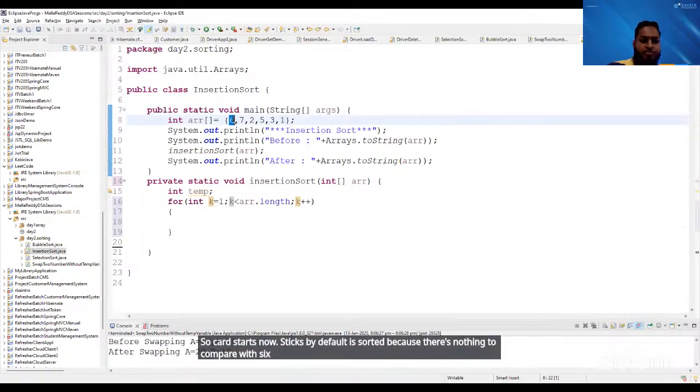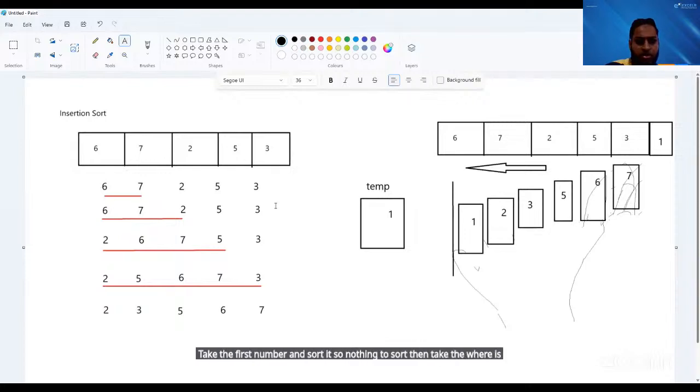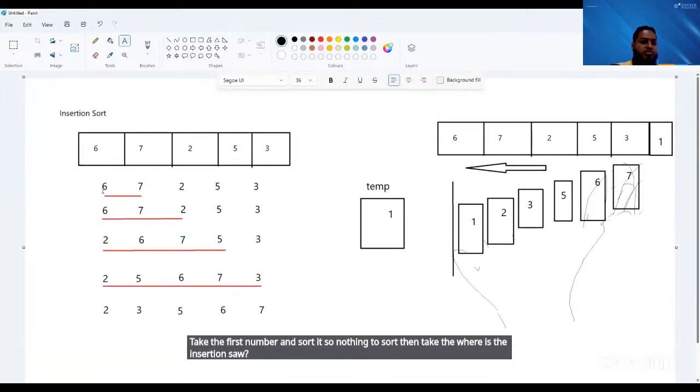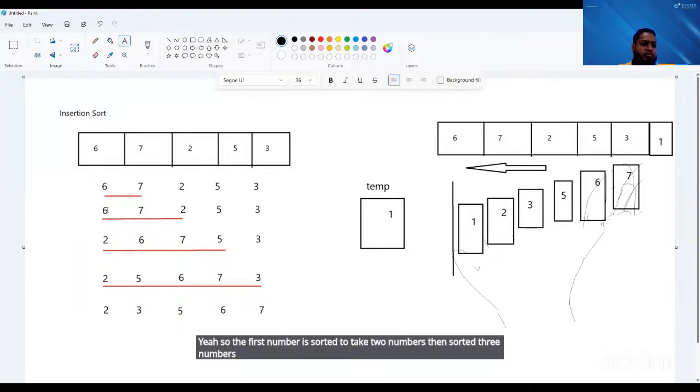So as I had explained, take the first number and sort it. So nothing to sort. Then take the, where is the insertion sort? Yeah. So the first number is sorted. Then take 2 numbers, then sorted, 3 numbers sorted, 4 numbers sorted, 5 numbers sorted. Okay. So I guess I missed one iteration.